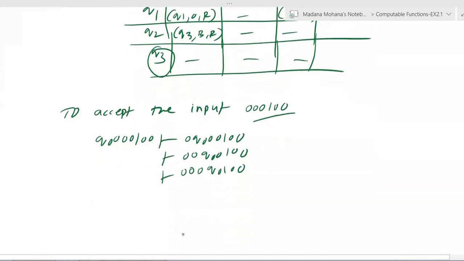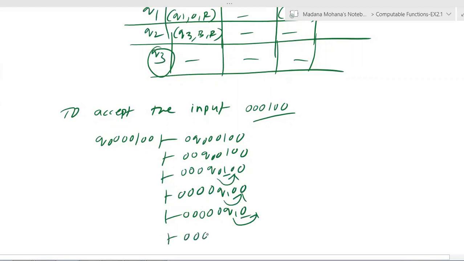Now whenever 1 is found, what you have to do? That 1 is replaced with 0. Then it moves right by changing the state, q1 0 0. Now at q1 you can skip all zeros. It moves right by skipping 0 by 0, q1 0. Again it moves right by skipping this one.